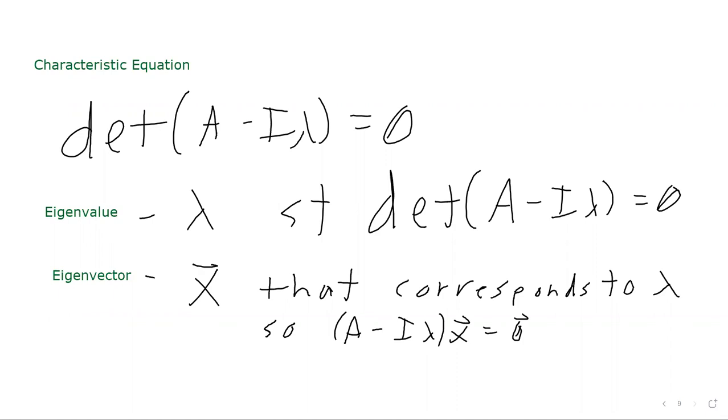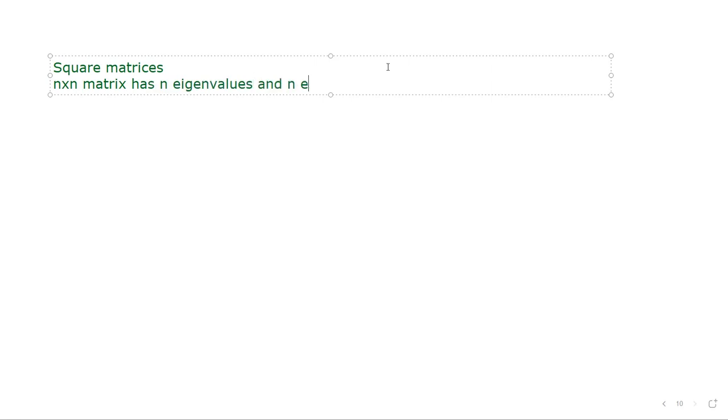And we're going to deal with square matrices. So an n by n matrix will have n eigenvalues and n eigenvectors. So it's kind of like a polynomial that has a degree of n. You have n roots.